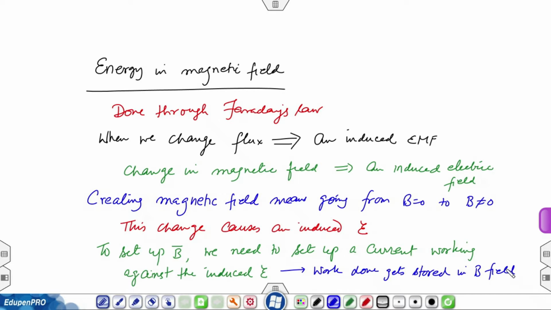That is the whole setup. So, it is using these that we will be calculating the energy in the magnetic field. So, let us do that now.